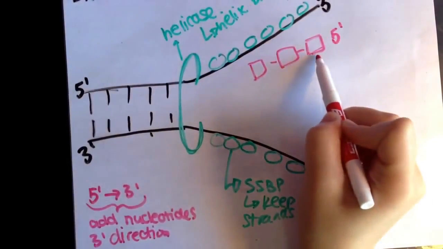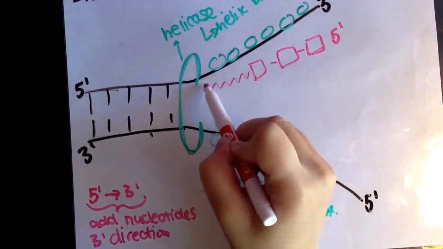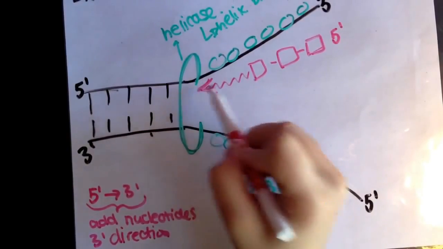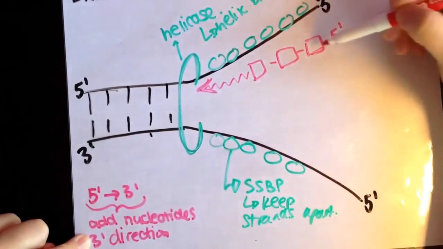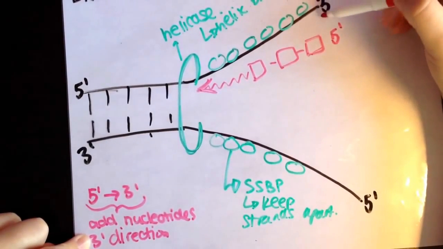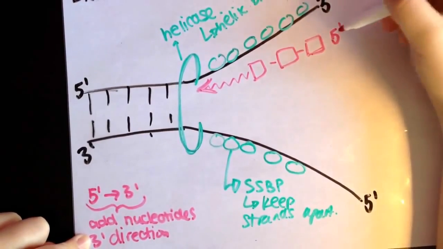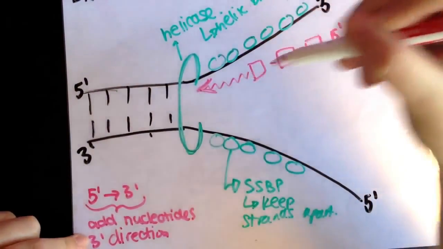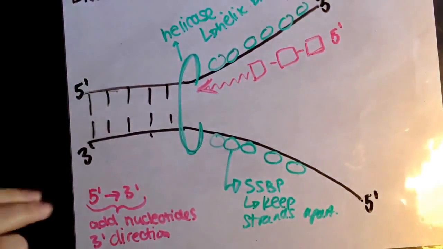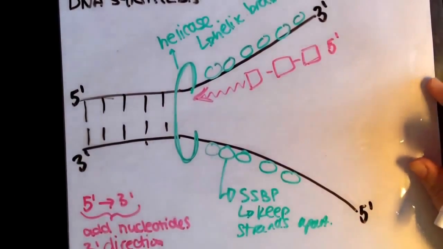So this means that it's being continuously built this way, non-stop, okay? And it can do that because you're adding nucleotide to the 3' direction, and you're building it from a 5' direction to a 3' direction. Okay, so hopefully that makes a bit of sense.